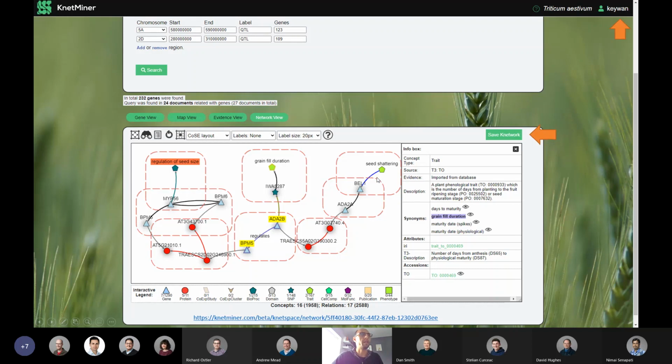And there were some relationships in the knowledge graph that are not present at all in databases. They were generated by NetMiner. So we augment the knowledge graph using text mining and add new things to it ourselves as well. It would have been very hard for a scientist who is not an expert, and even for a bioinformatician who is an expert, to do this sort of integrative analysis. So NetMiner saves a lot of time.